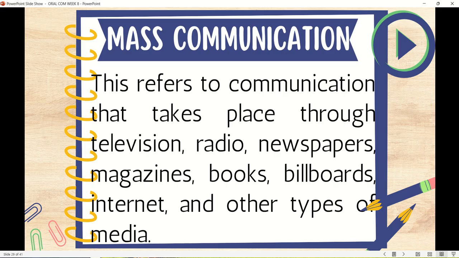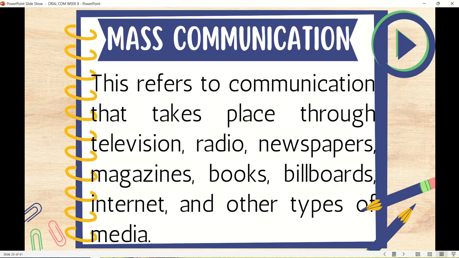So the best example of mass communication is the news program, just like TV Patrol or 24 Oras. In TV Patrol and 24 Oras, they use a powerful channel, which is the television signal, in order to deliver the news to the massive amount of people or viewers.